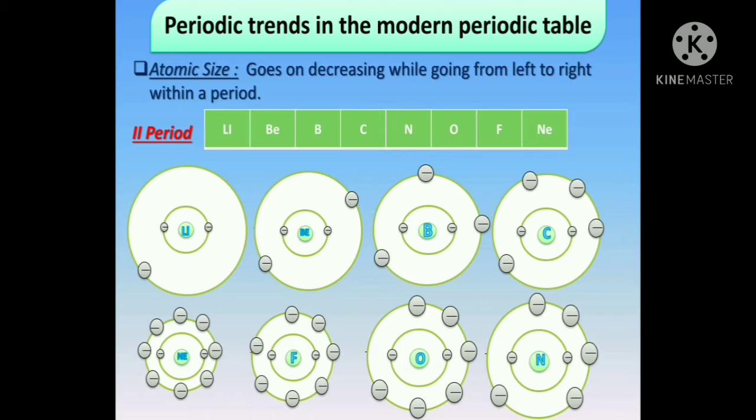Now remember students, when the electrons are getting added, at the same time the positive charge in the nucleus is also getting added. So lithium's positive charge in the nucleus is +3, beryllium's is +4, boron is +5, and in this way it will keep on increasing till neon with +10 charge in the nucleus.